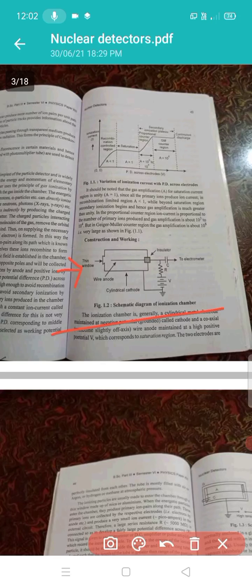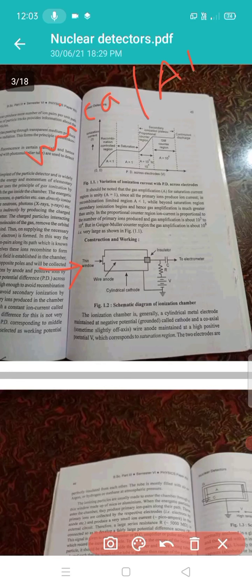Then the ionizing particles are usually made to be incident on the chamber through a thin window made of mica or aluminum.